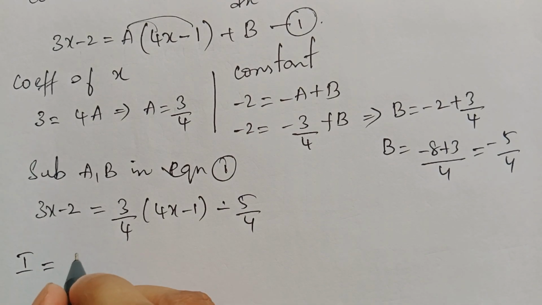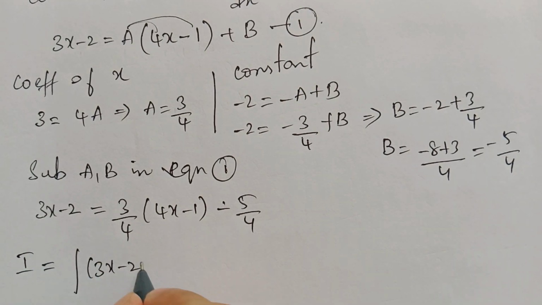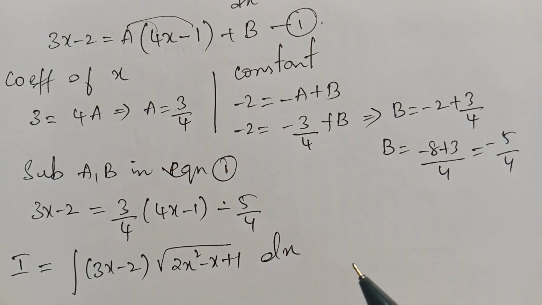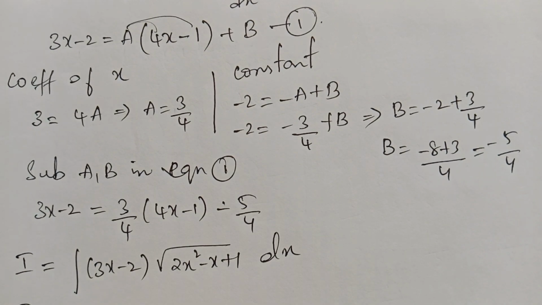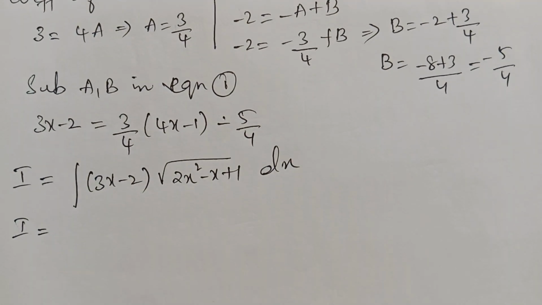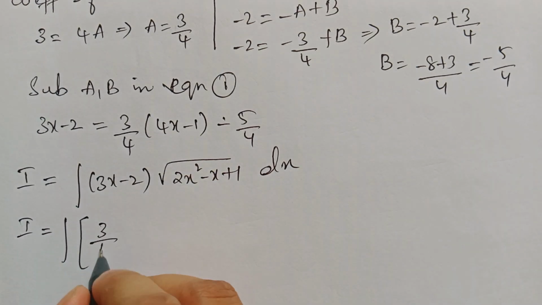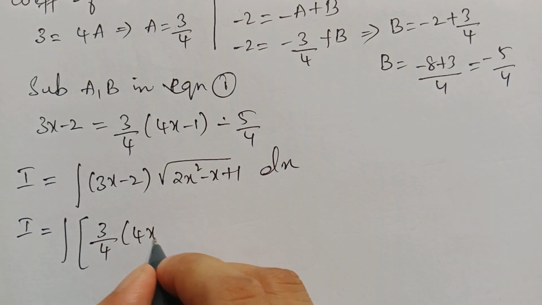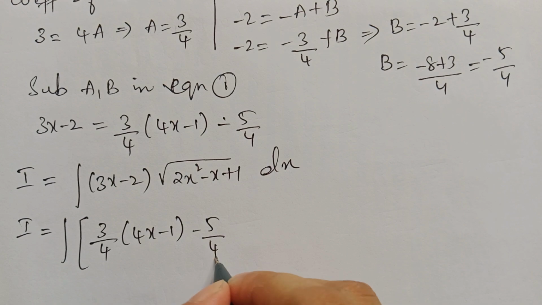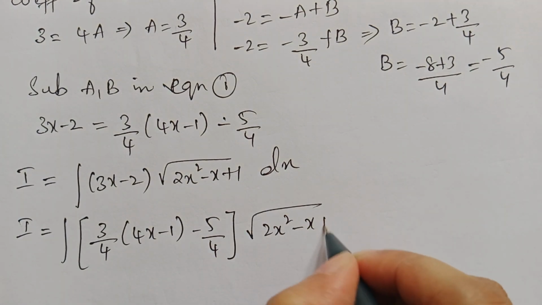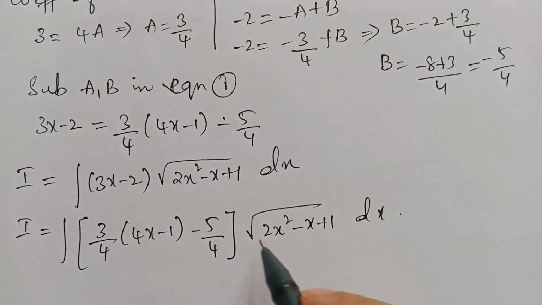So I is equal to the integral of (3x minus 2) into root of 2x square minus x plus 1 dx. So I is equal to the integral of, in place of 3x minus 2, 3 by 4 into (4x minus 1) minus 5 by 4, into root of 2x square minus x plus 1 dx. Now multiply this to both the terms.